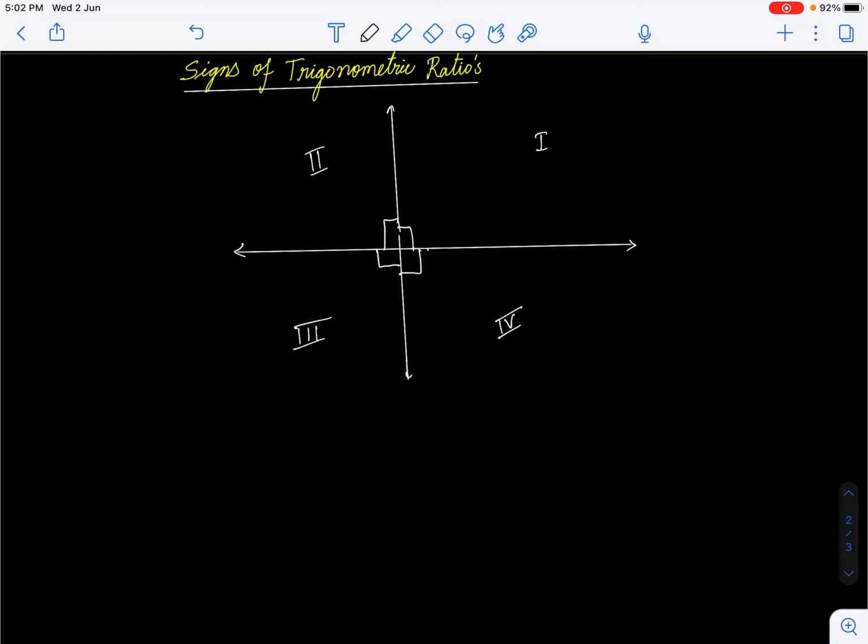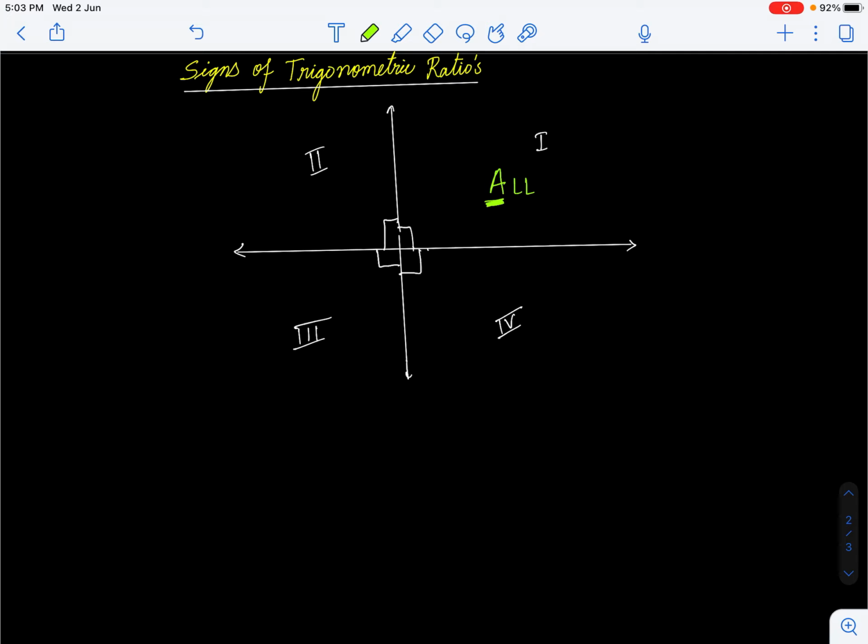Now, I think everyone knows this: in the first quadrant all trigonometric ratios are positive. Be it sine, cosine or tangent or other trigonometric ratios, everything is positive in the first quadrant. So I am going to say A stands for all.